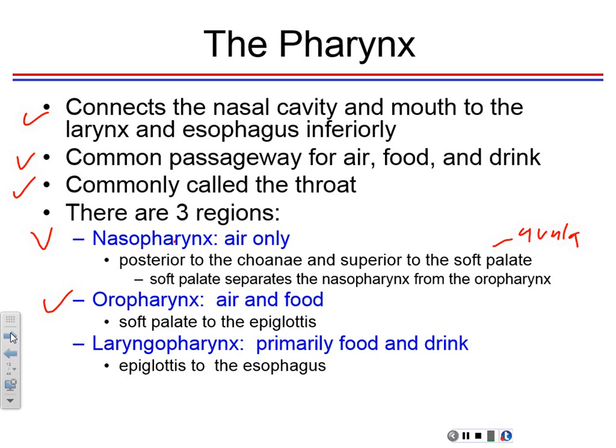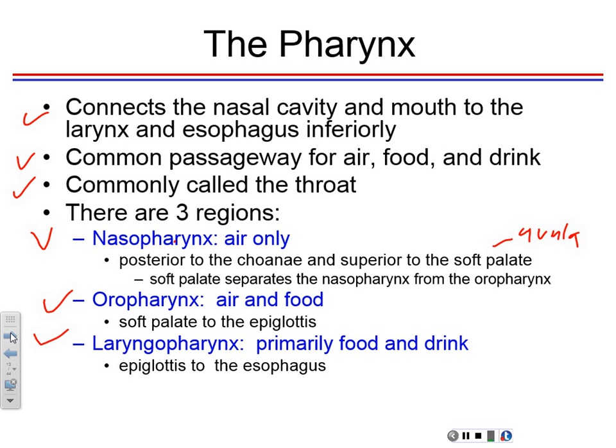The epiglottis closes down on the trachea. It creates the entryway to the esophagus. And then the laryngopharynx goes from the epiglottis to the esophagus.